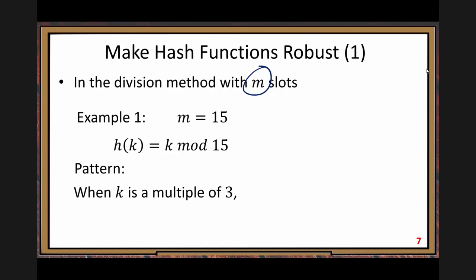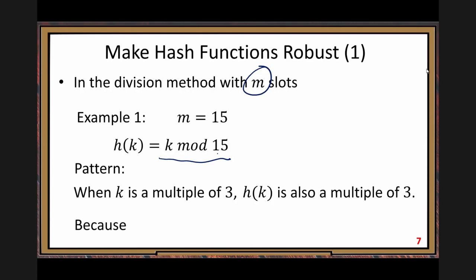If we use this pattern to test this hash function, h of k is also a multiple of 3, because a multiple of 3 mod 15 is also a multiple of 3.